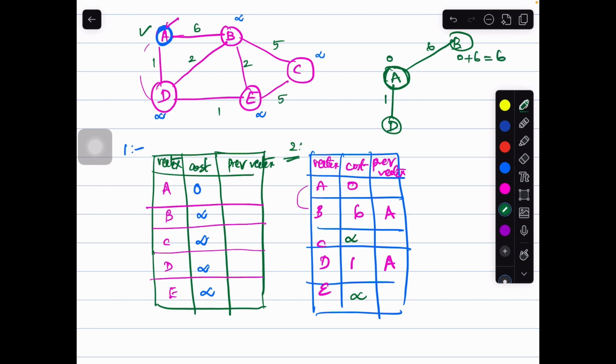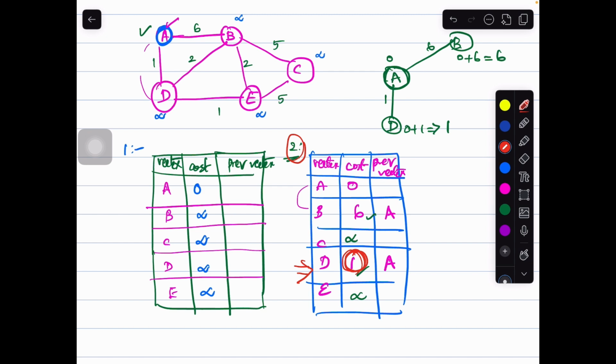And here the edge cost is 1, and 0 plus 1 is equal to 1. That is the reason we have updated 6 and 1. Now we have to apply the same thing to find the shortest distance. In the next step, we find in table 2 which node's cost is less. We find that the cost of node D is less, with the edge cost as 1.